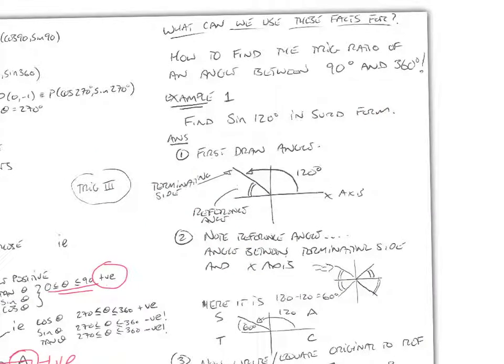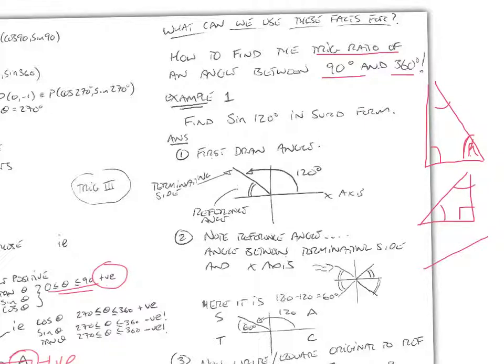Because there comes a time when we make use of these rules or facts to find the trigonometric ratio of an angle between 90 and 360. Up to this point, we've been dealing with angles in right-angled triangles, and the angles have been up to 90 degrees. Any angle we've looked at has been less than or equal to 90 degrees.